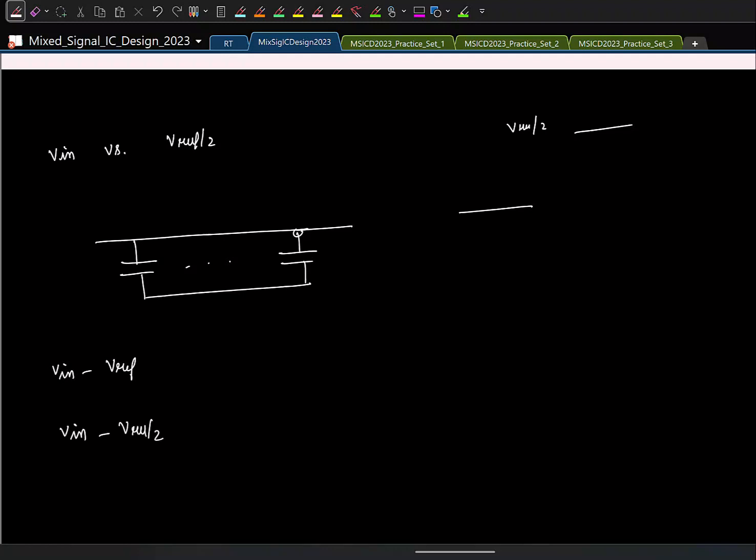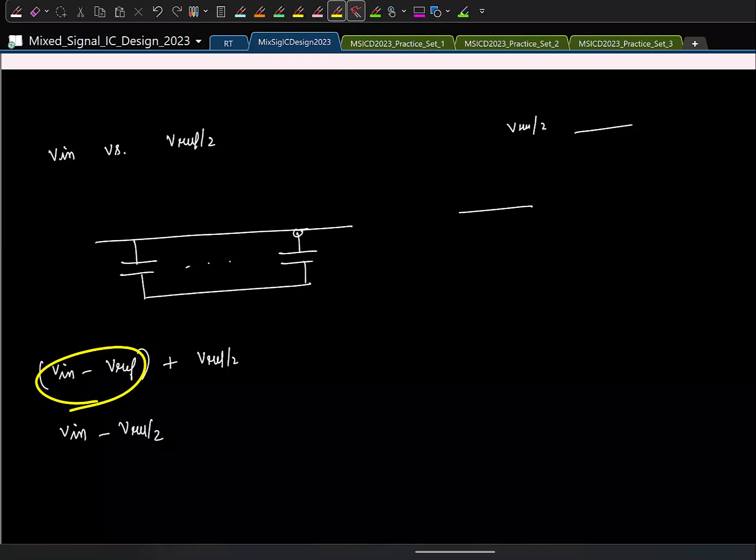Which means along with this voltage, I have to add an additional Vref by 2. So if I forget this initial voltage, I can think of it as though the capacitive DAC here has to charge from 0 to Vref by 2, if I ignore the initial condition here.